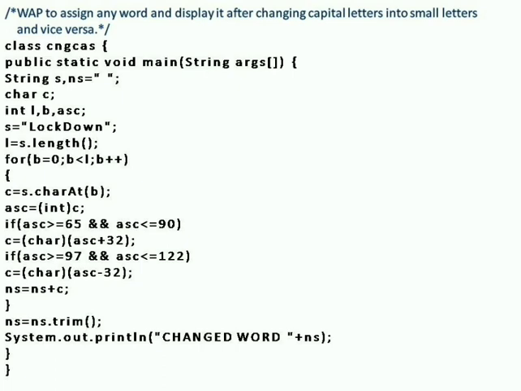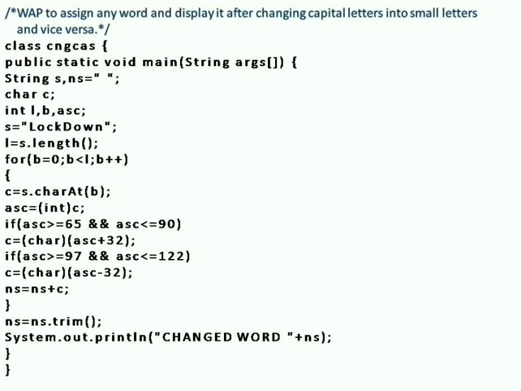That is, we'll take the ASCII value of that letter minus 32, that means the ASCII value of the capital letter, and convert it into a char value using this type conversion, which is char within bracket. So when it is a capital letter, it is converted into a small letter, and when it is a small letter, it is converted into a capital letter.